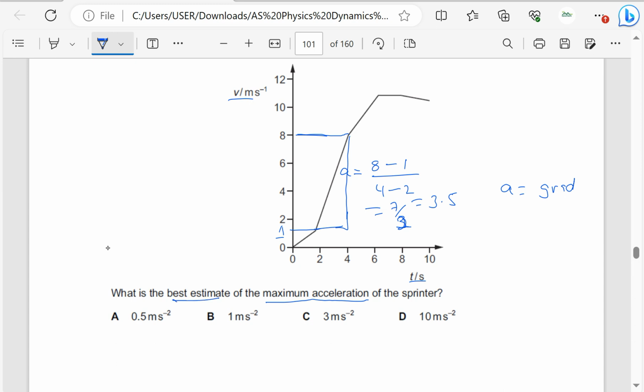So what is the best estimate? This is out, this is so big, so the answer is C. Maybe this may not have been exactly 1, it could be around 1 point something, but it is approximately 3.5, and the closest value there is 3 meters per second. So the best estimate is 3 meters per second.